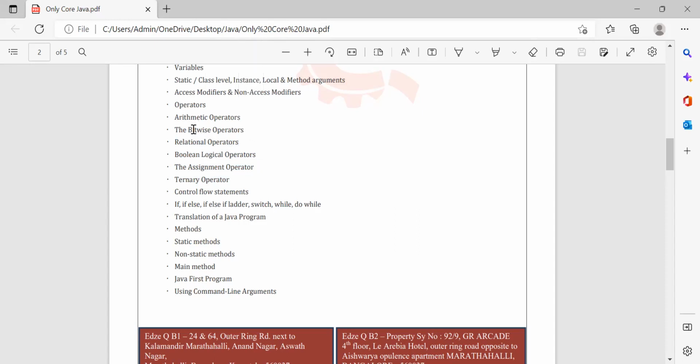And tomorrow onwards, bitwise operators, relational operators, Boolean logical operators, assignment operators, all explained with examples. Don't forget that one; if I forget, just remind me. And the ternary operators also.